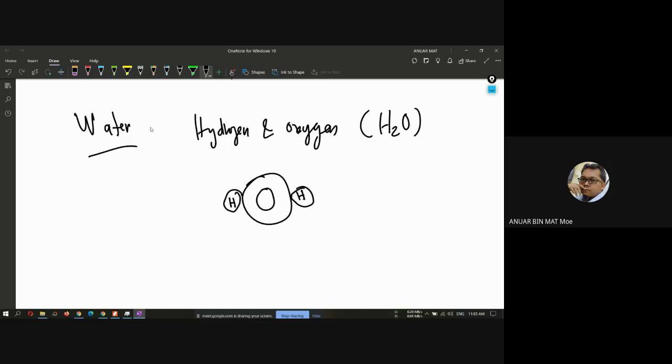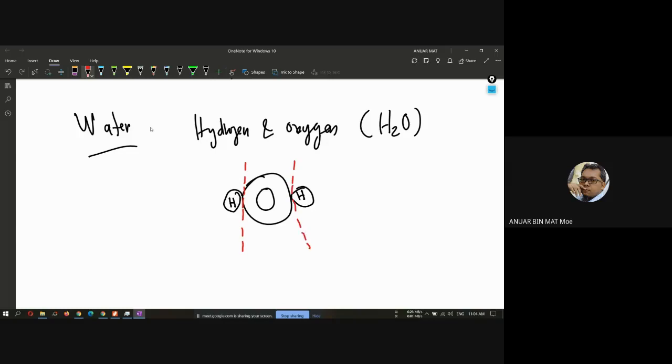So, are we able to separate the compound into its elements, meaning that we want to break the bond between hydrogen and oxygen right here?